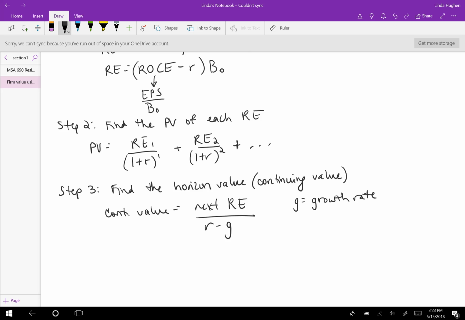This is very similar to what we did using the discounted dividend model and the discounted cash flow model. What do you think we need to do in step 4? Of course, discount. Find the present value of the horizon or continuing value.